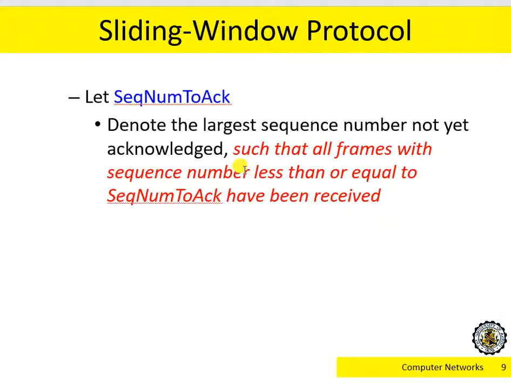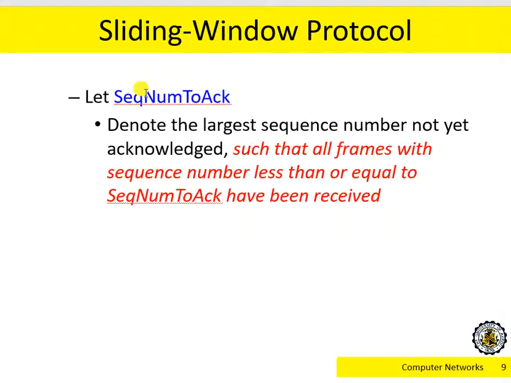I identify one frame whose index is equal to the sequence number to acknowledge. What does that mean?